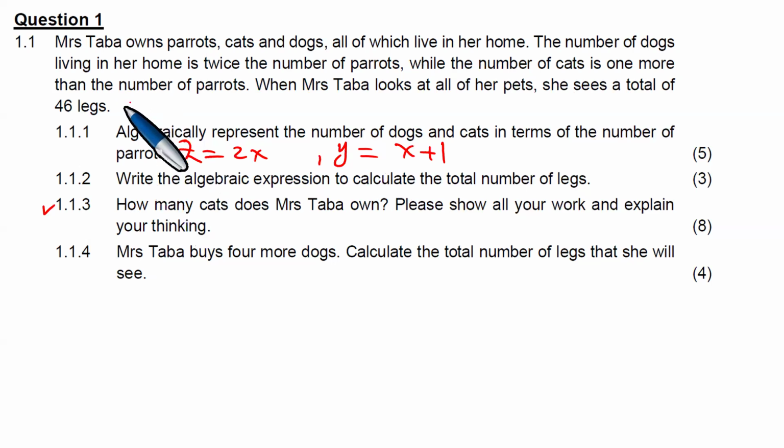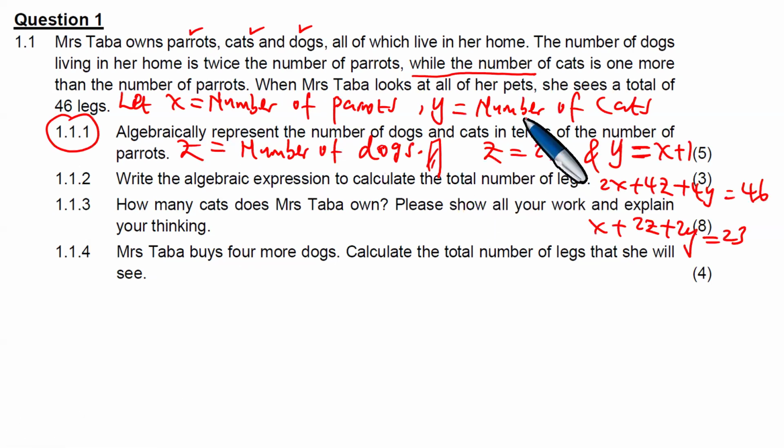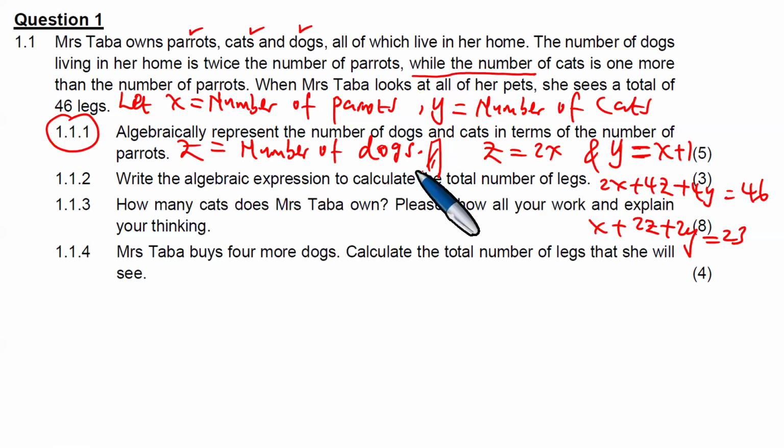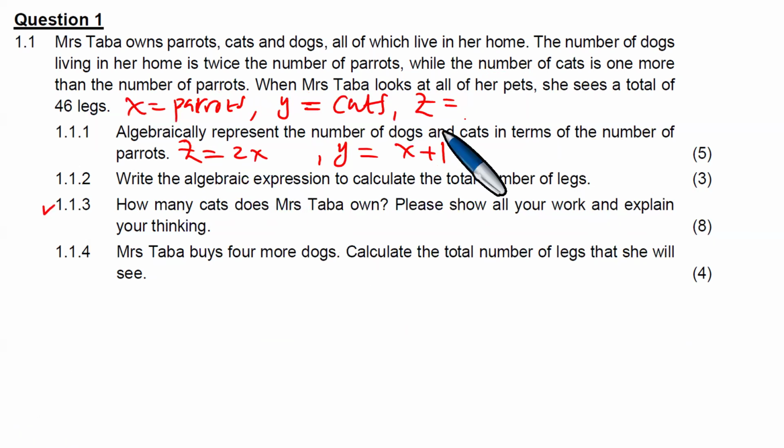And we note that x represents the parrots. Don't forget, y represents the number of cats, and z represents the number of dogs. Okay, good.